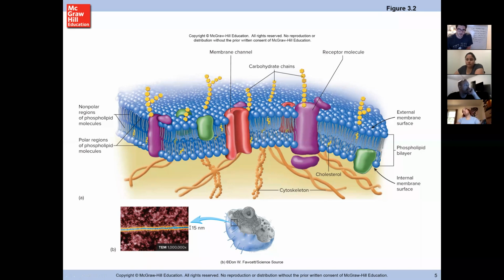So the cell membrane is composed of a region that likes to be in water, which is where all these blue beads are, and those are going to be the phosphate groups that are attached to the lipid fatty chains that we see in the middle of this sandwich layer.